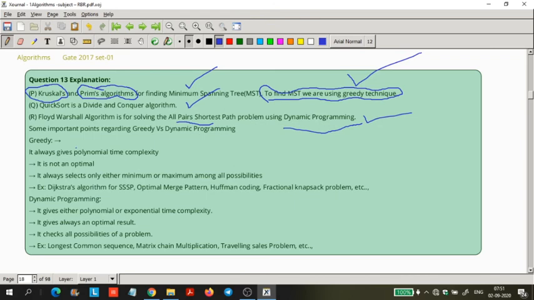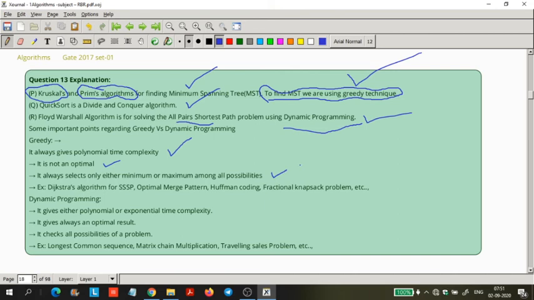The greedy algorithm always gives a polynomial time complexity. It is not optimal, and it always selects only either the minimum or the maximum among all the possibilities.